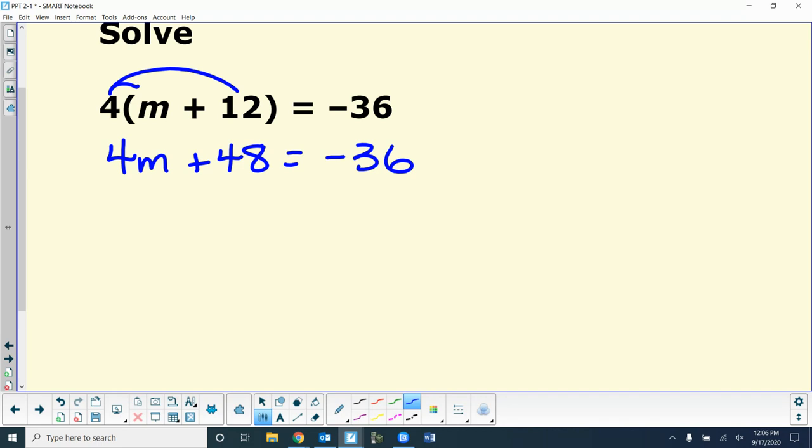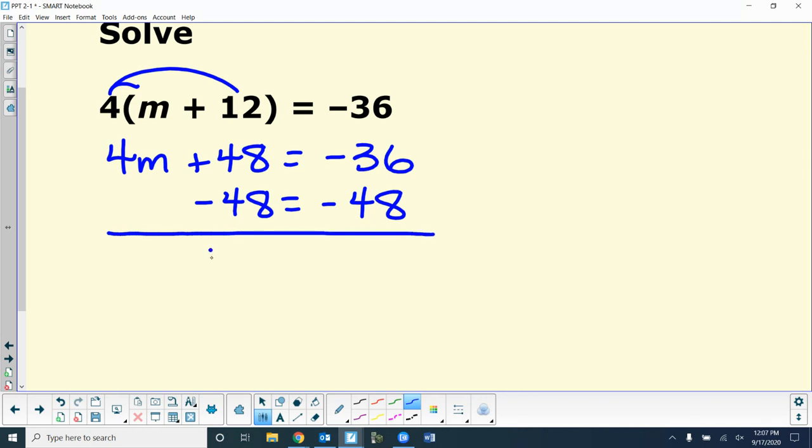All right. So what's the next thing, Brady? Right. Our goal is to get m alone when we solve, so we're going to subtract 48. When we take something to the opposite side, we're doing the opposite. The opposite of adding 48, we're subtracting. That gives us nothing there. And what do we have over here?